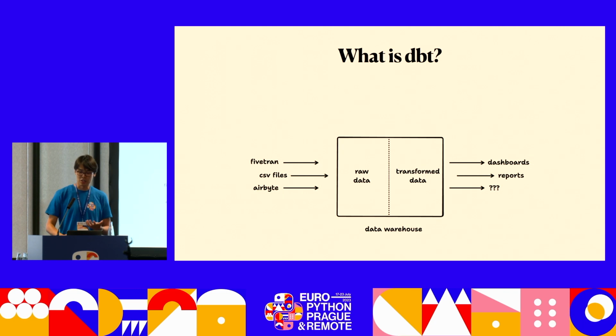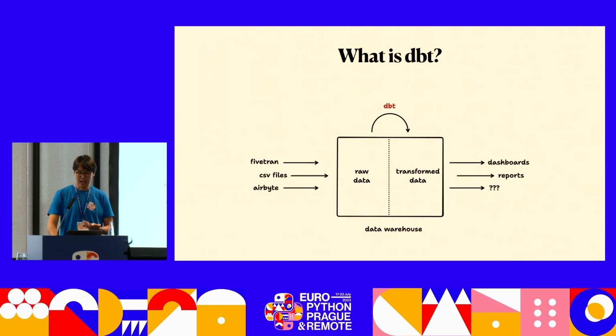And then the challenge is we have to go from raw data to transformed data in order to be able to consume it downstream when we do machine learning, reports, or dashboards. And so this is where dbt comes in. dbt is a tool that allows you to relatively easily define these transformations and productionize them and run them in a more or less reliable manner.